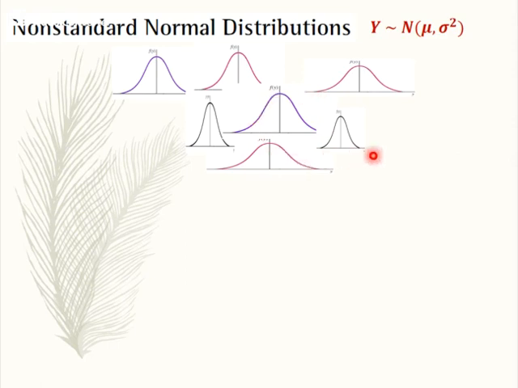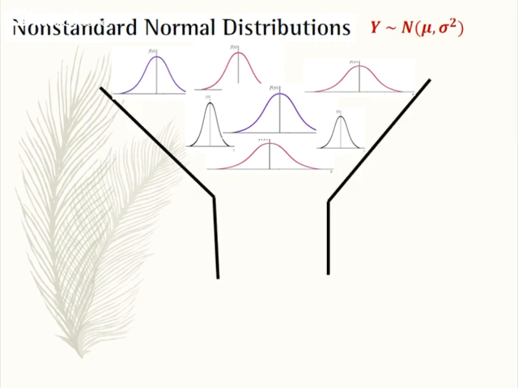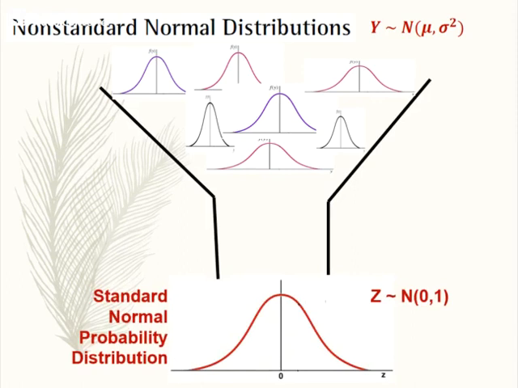We only have tables for a standard normal. So there is a trick so that we can use those same tables that we worked with earlier. We can take all of these distributions and convert them into a standard normal. And after we've converted them, then we can find probabilities for any normal distribution.